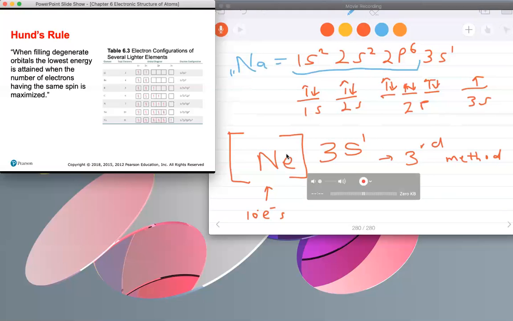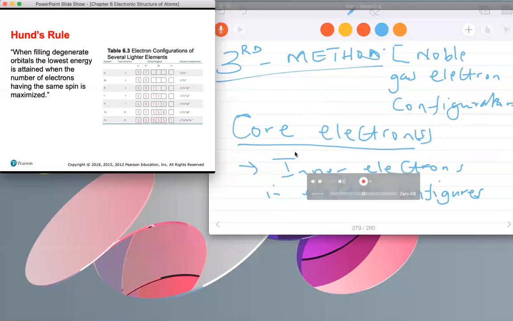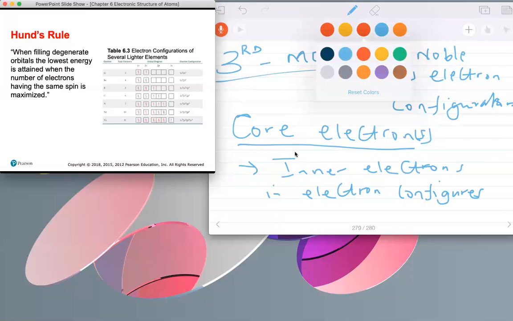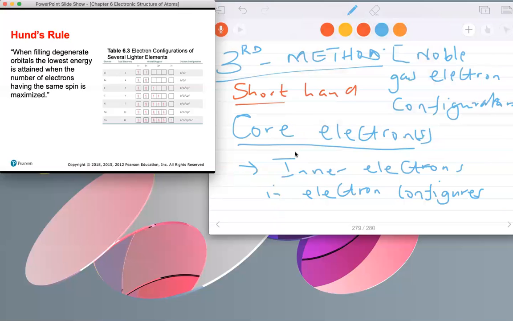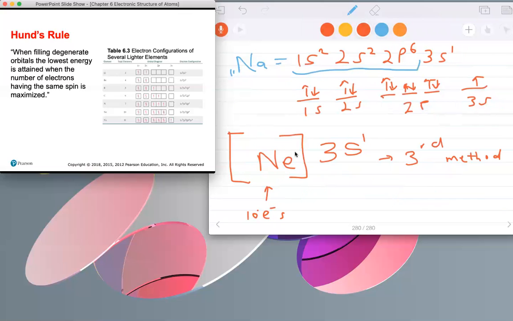We sometimes call this shorthand, or abbreviated, because you don't see the 10 electrons, but it is understood that there are 10 electrons, and we use parentheses to indicate those 10 electrons.